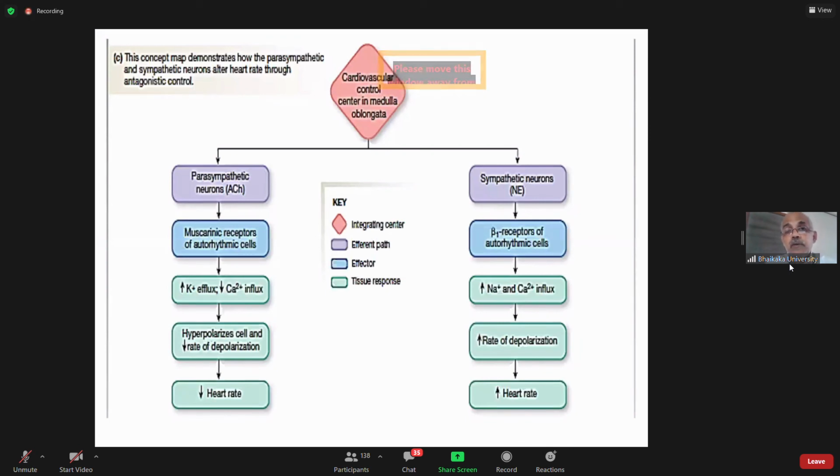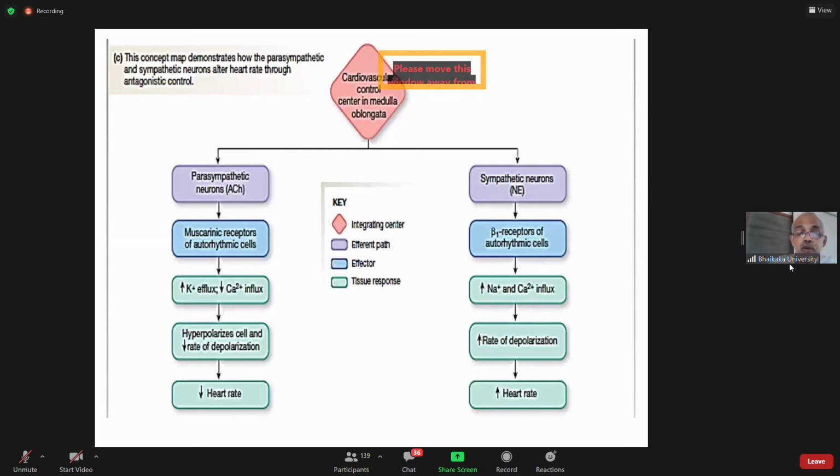A flow chart summarizes the whole event of sympathetic and parasympathetic. The receptors, don't forget the receptors. Muscarinic type of receptors, acetylcholine is released and binds to muscarinic receptors. Norepinephrine, beta-1 receptors.